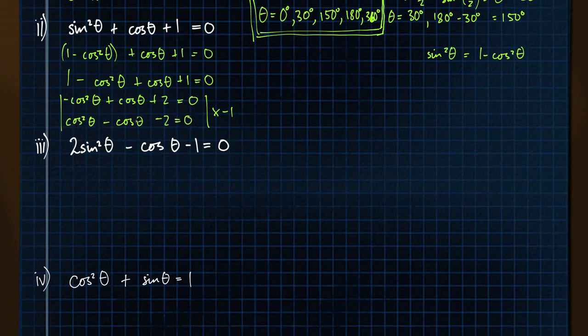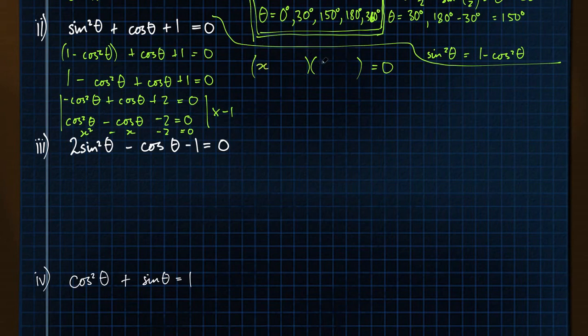I have to factorize this. This is a quadratic in cos theta. So just like with x, it might be easier to see it with x. That looks like x squared minus x minus 2 equals 0, which we can factorize fairly easily. It's x minus 2, x plus 1.